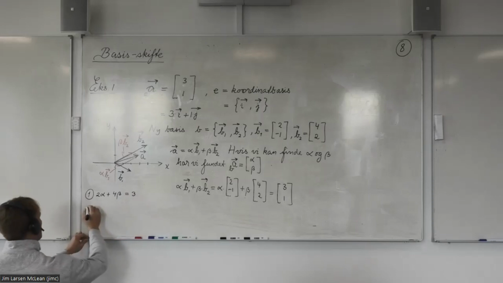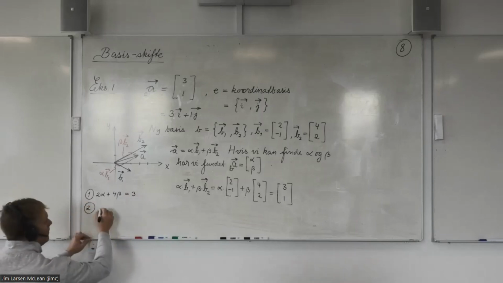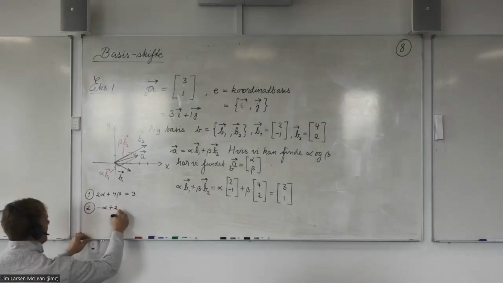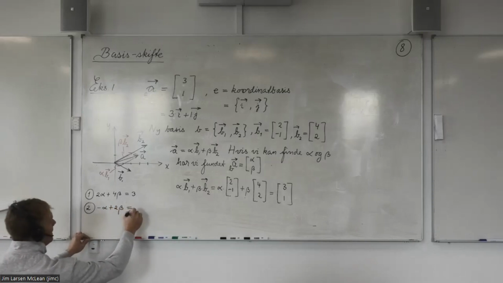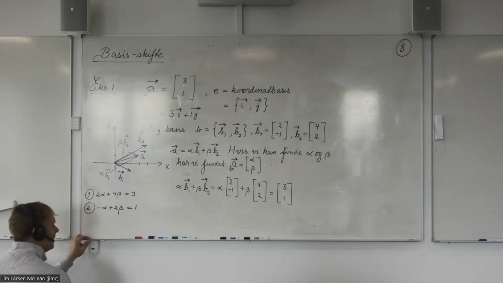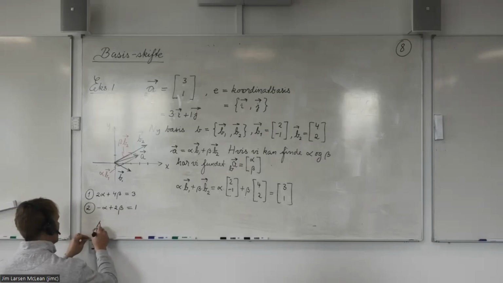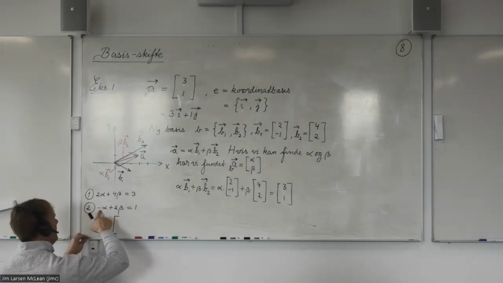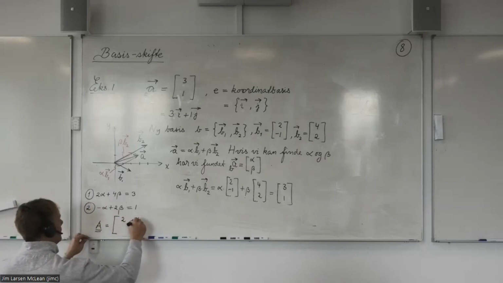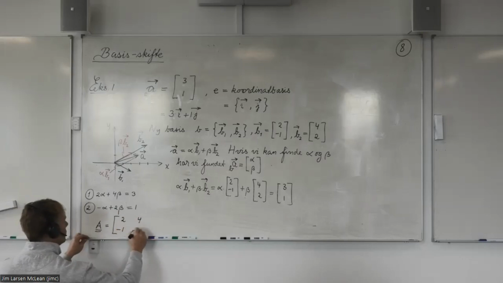That was one of the equations with two unknowns, and the other: minus alpha plus 2 beta must give 1. And we have learned that as soon as one has a system of equations, one can write down its coefficient matrix. So what will the coefficient matrix be? It will be the matrix that results from just looking at the coefficients: 2, 4, minus 1, 2.